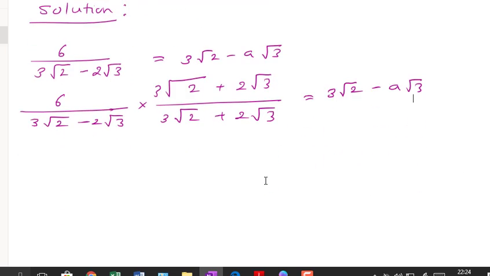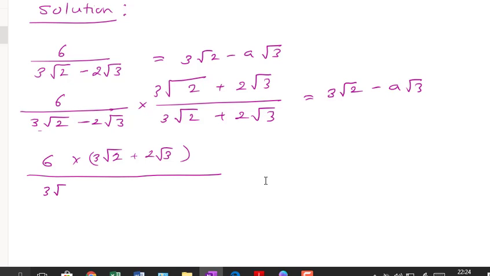Now on the left hand side we have 6 into 3 root 2 plus 2 root 3, and in the denominator, a minus b into a plus b becomes a square minus b square. So this is 3 root 2 the whole square minus 2 root 3 the whole square, and on the right hand side we have 3 root 2 minus a root 3.